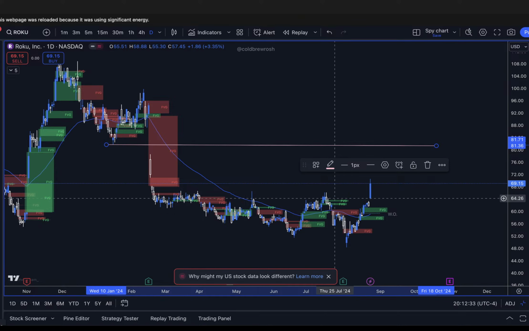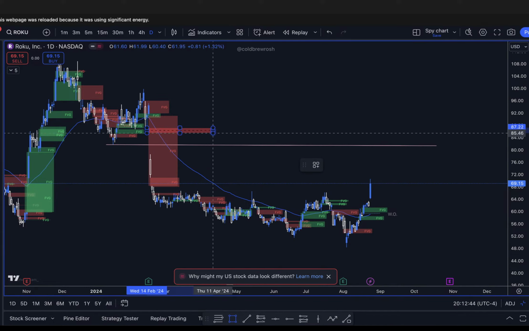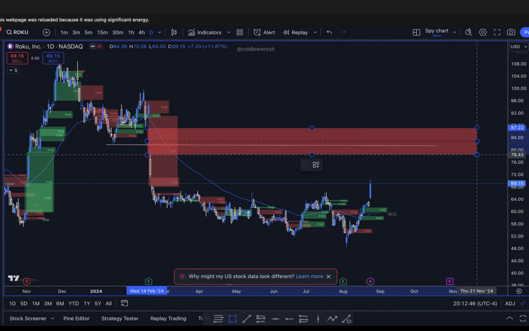Also, with options, all gaps always fill. So where are my favorites? So Roku's target is in this gap here. So $78 to $87 is Roku's target. It's going to be a bullish week for Roku.